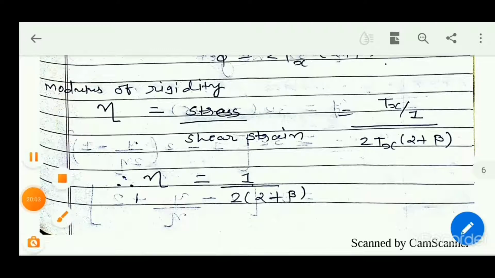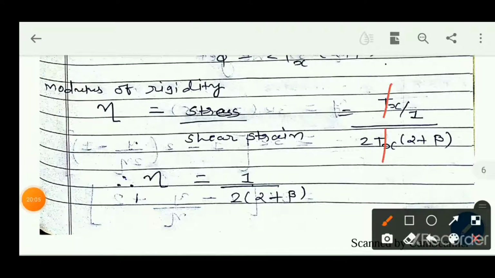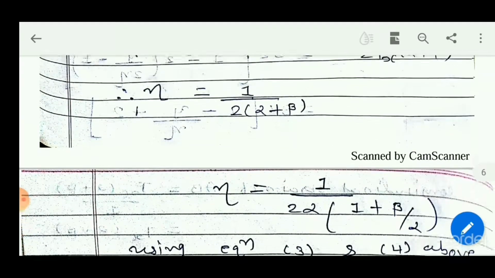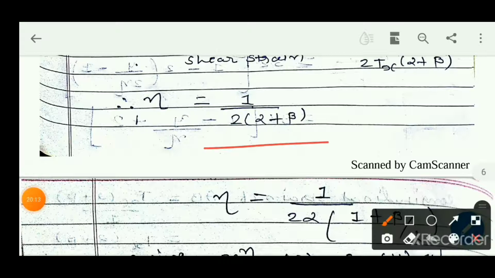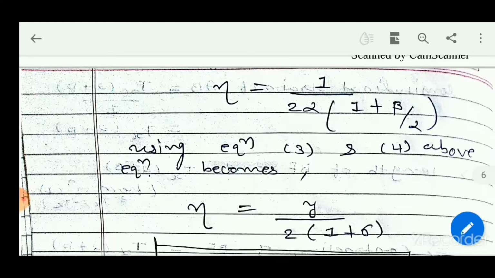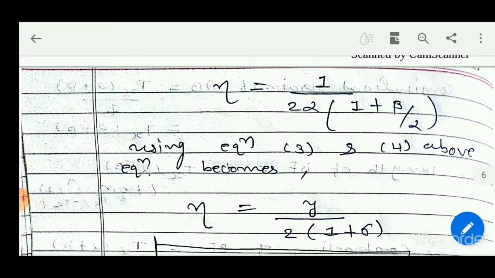So Tx cancels out, so it becomes 1 upon 2 alpha plus beta. Taking alpha common, this becomes 2 alpha into 1 plus beta upon alpha. So 1 upon 2 alpha upon 1 plus beta upon alpha.